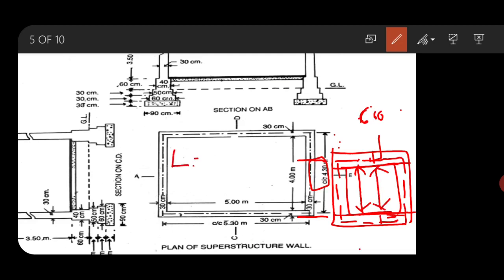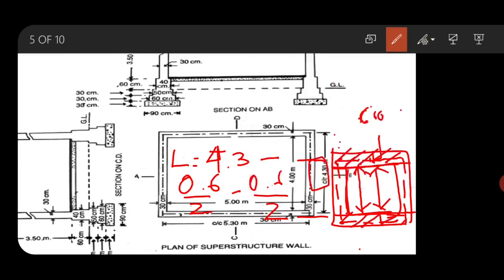Because this part is already calculated, only this part is left.